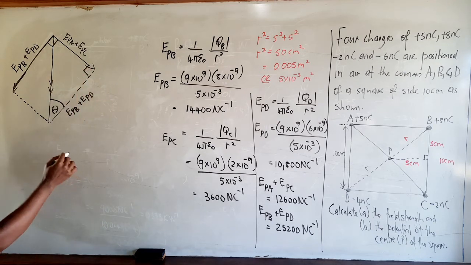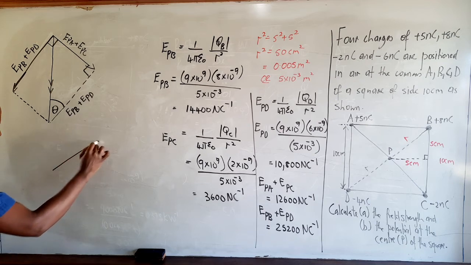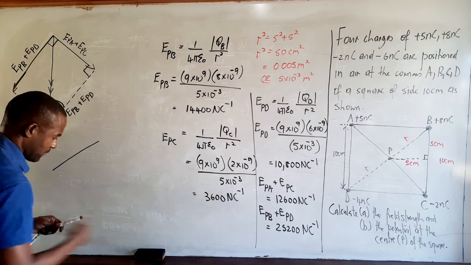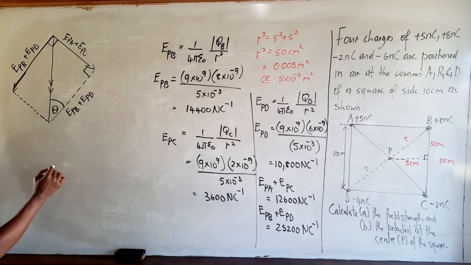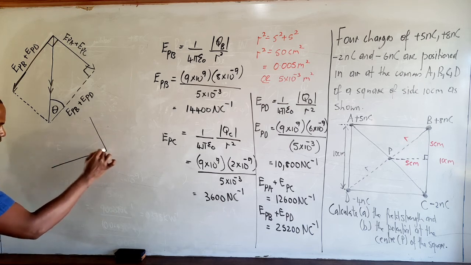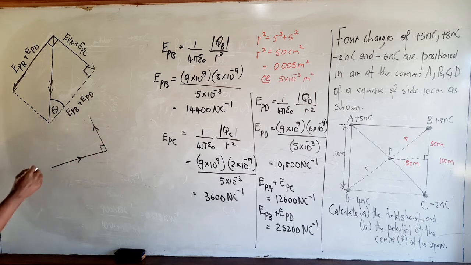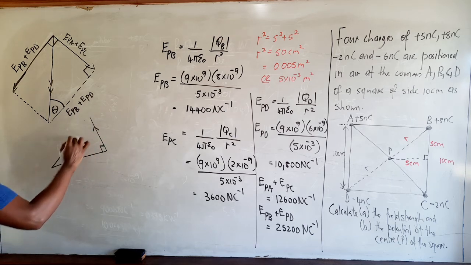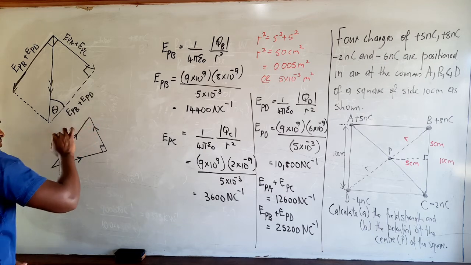So what we have is this. And this time we'll just put in the magnitudes. So this would be our resultant field strength. Let's just call it EP.